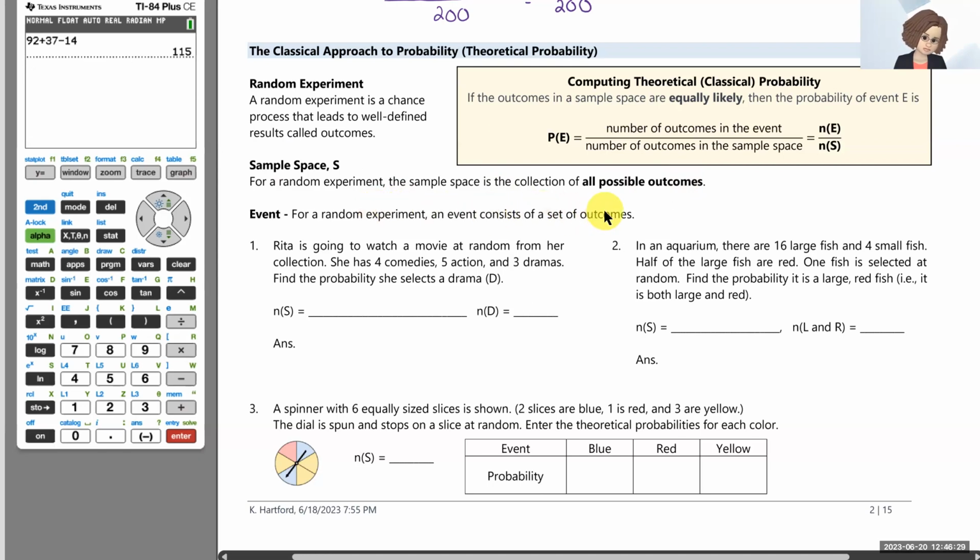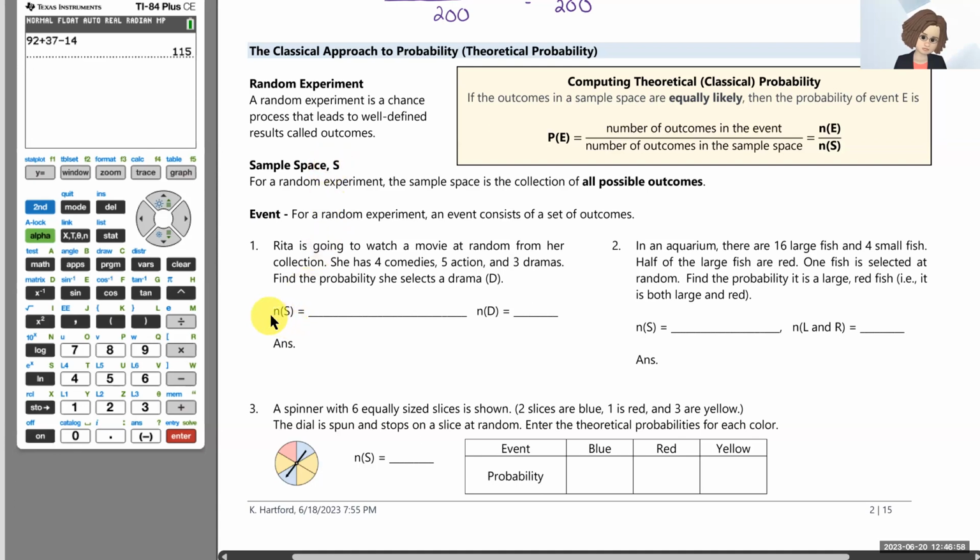So let's go ahead and I'll get to the spinner in a bit here, but let me show you this one, number one. All right, so Rita is going to watch a movie at random from her collection. She has 4 comedies, 5 action, and 3 dramas, and we want to find the probability that she selects a drama. All right, so notation here, n of S, so lowercase n for number of, S is sample space.